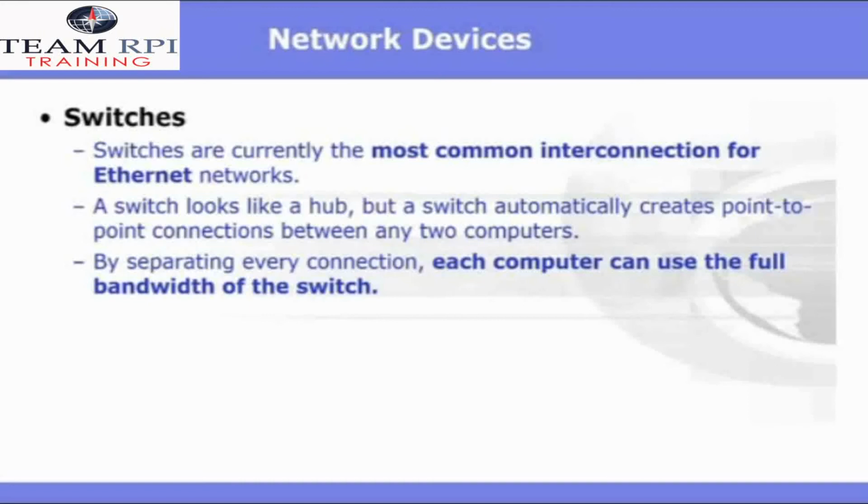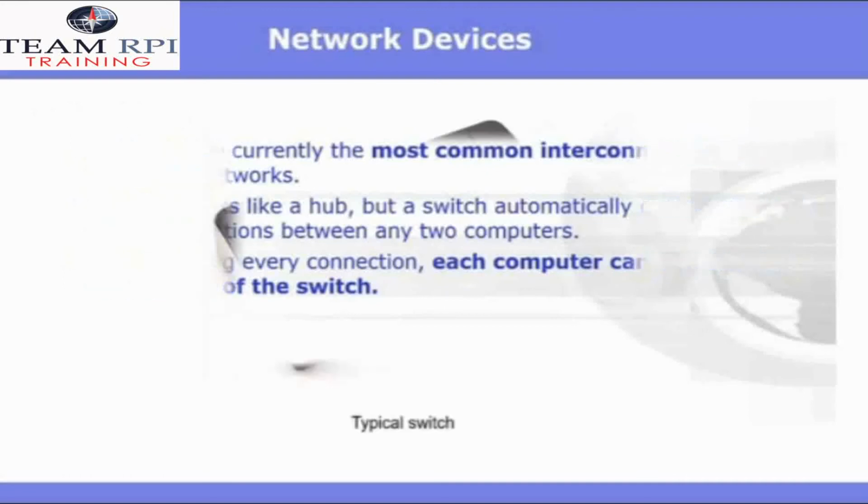Switches are by far the most common interconnection device that you'll see in today's networks. They eliminate the problem that we have with the hub because each computer can use the full bandwidth available of the switch.